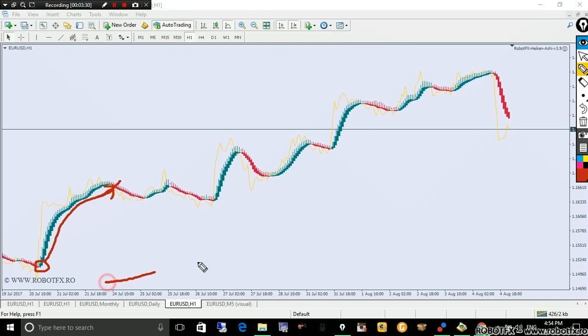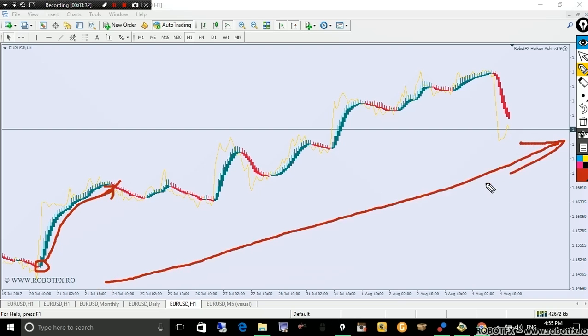This is considering we are trading with the trend, and the trend is up in this example. Then we buy again. The Heiken Ashi changes the color. Stop again. Another trade. Enter here. Color change. Stop here. Enter. Stop. Enter. Stop.